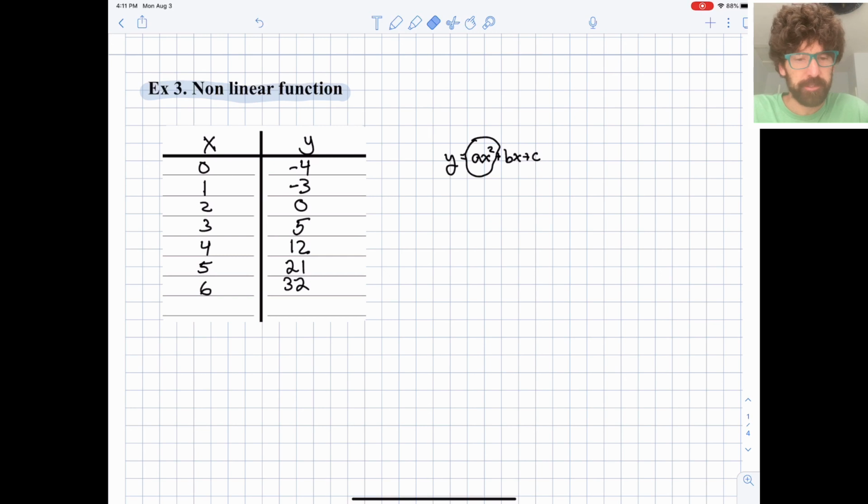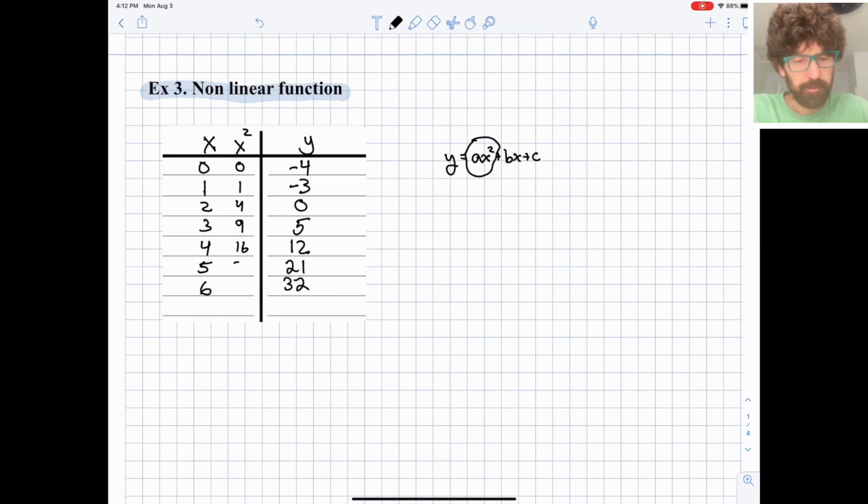If you don't see it right away, and I'm not seeing anything obvious, one place to start is to make an x squared column, because we know there's going to be some sort of a squared component to our rule. 0 squared, 1 squared, 2 squared. So we're just counting up by our squares.